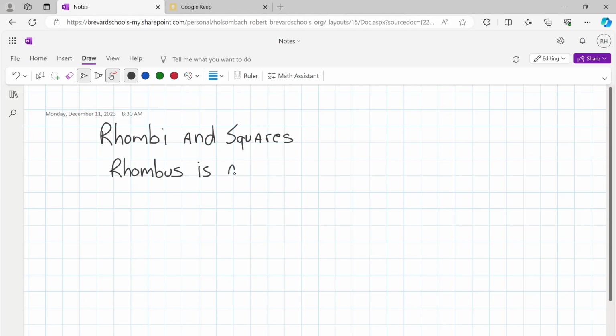Is a parallelogram with four congruent sides.